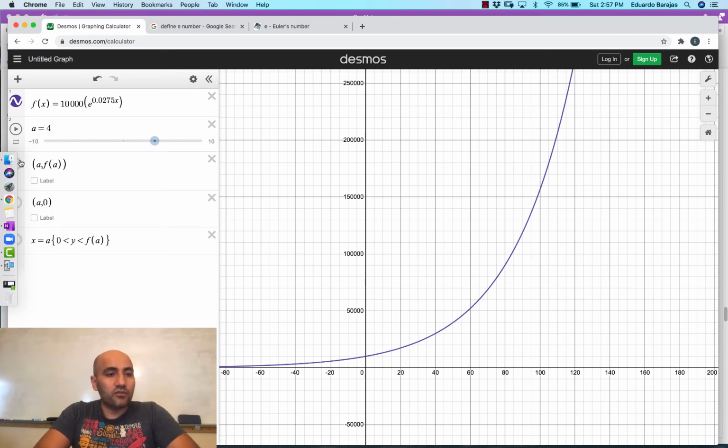And so I could also identify a point on my grid. You can see that this means after 55 years, this will be the balance in my account, right? So as I go out this way, we see that the balance on your account just grows.